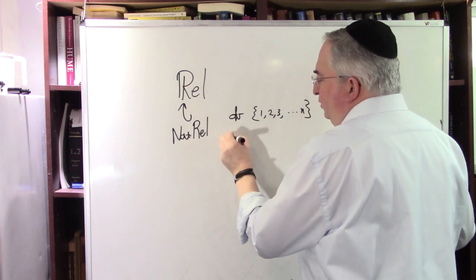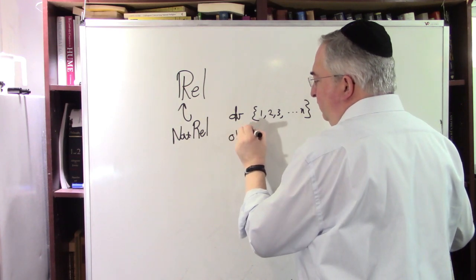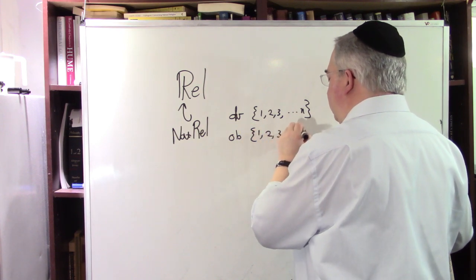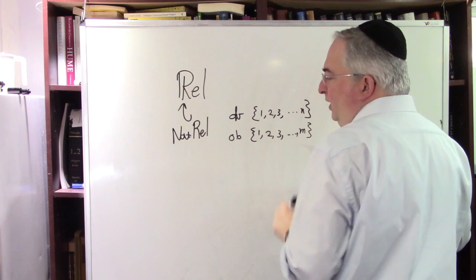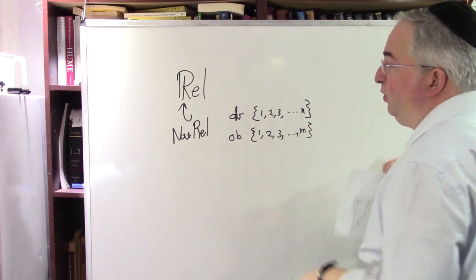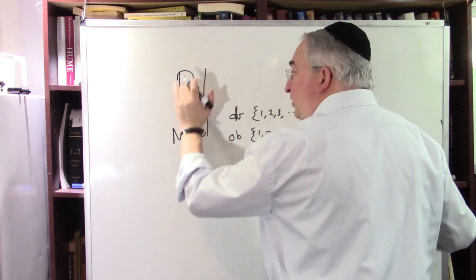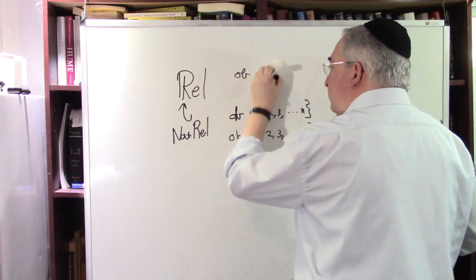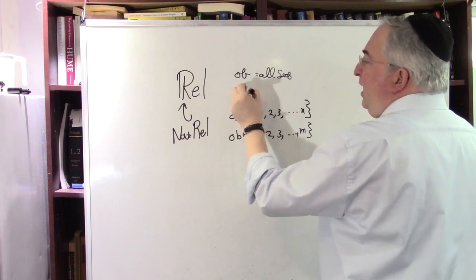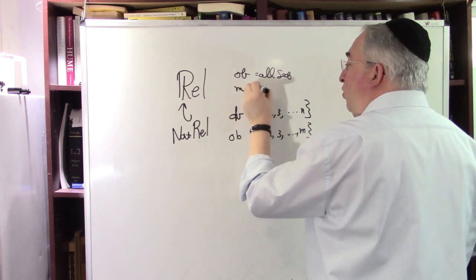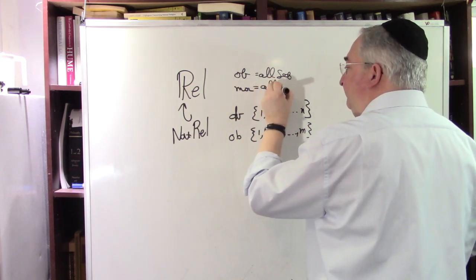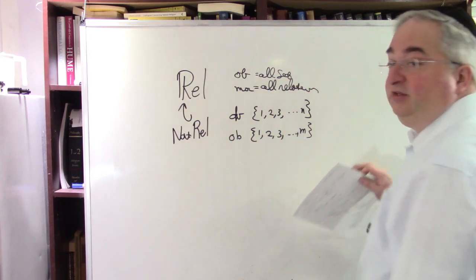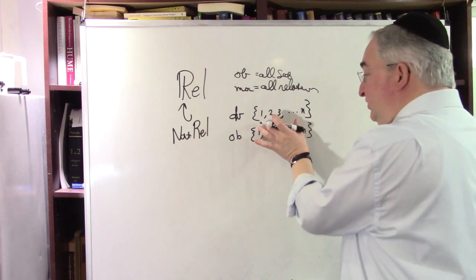And you could have another object, 1, 2, 3, up to m. So the objects are all such sets, and the morphisms are all relations. NatRel stands for natural numbers.